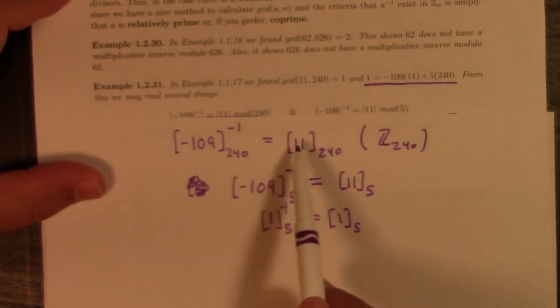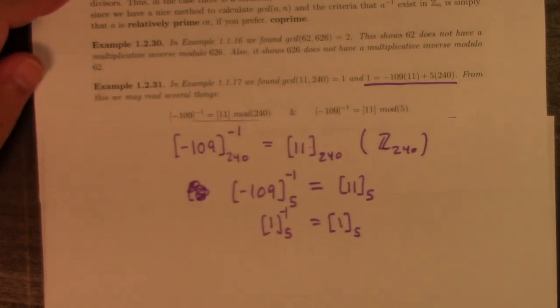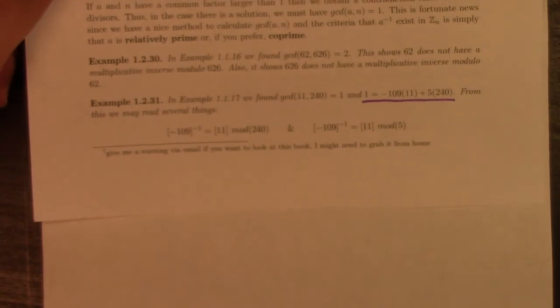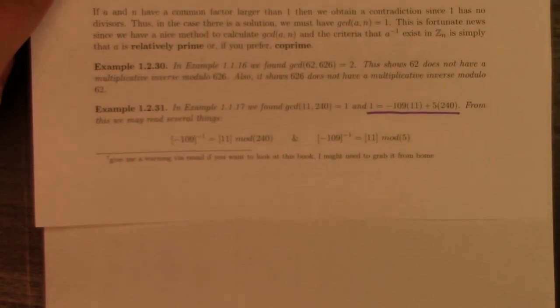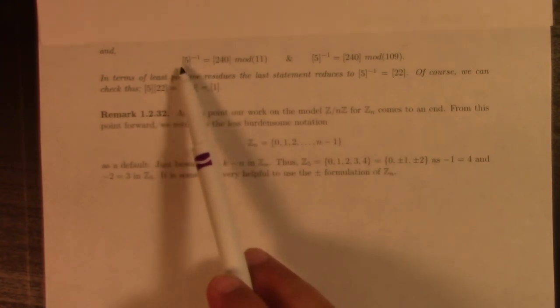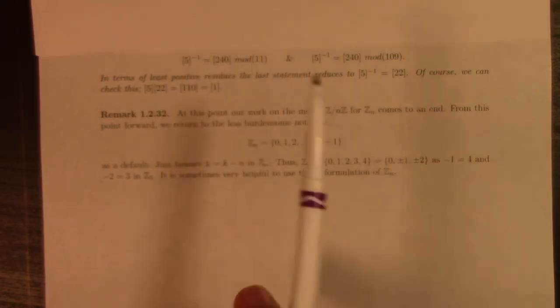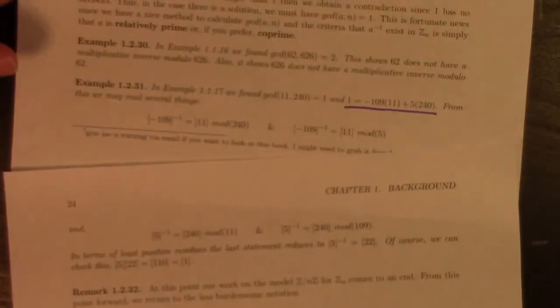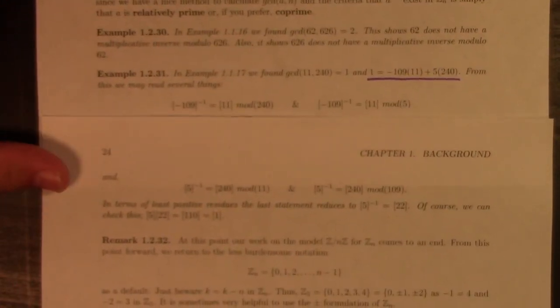The first one I found is a little more exciting. But anyway, if you look at one of these Euclidean algorithm calculations we did before, there are a bunch of different things you can see from it.